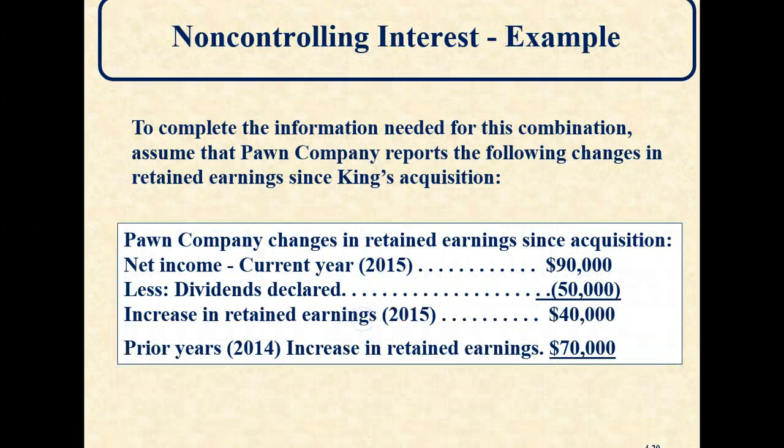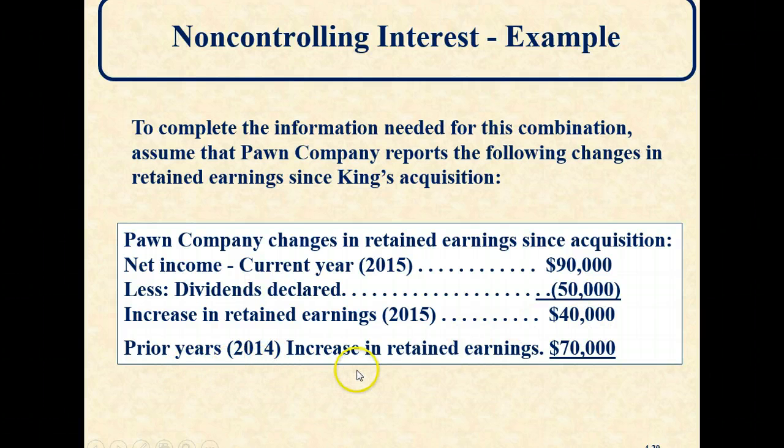So basically, as it relates to combining these companies, we see that in retained earnings since the acquisition, they have net income of 90, they paid out dividends of 50, and then the increase that flowed back into the retained earnings is 40.